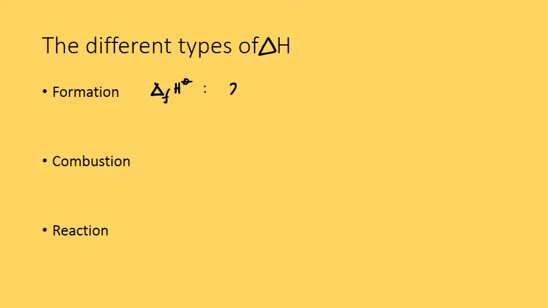So if we've got 2 moles of carbon, so at 298 carbon is going to be solid, right, it's going to be graphite, and then we've got 3 moles of hydrogen gas, and at standard state at 298 it's going to be gas.